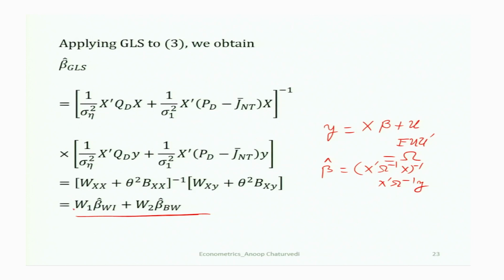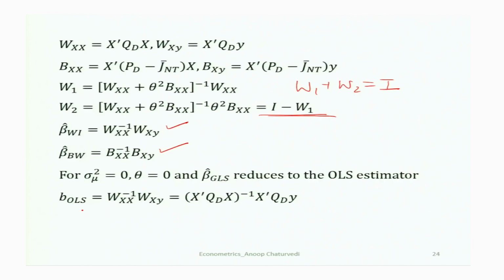Then you can easily verify the expression for w 1 for theta equal to 0 is w x x inverse w x x, which is identity matrix. So, finally, you can easily verify that you get the OLS estimator w x x inverse w x y, which is equal to x transpose q d x inverse x transpose q d y.